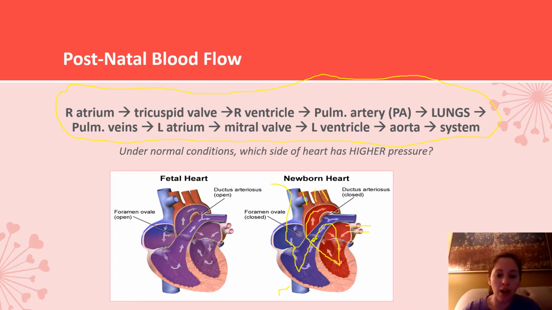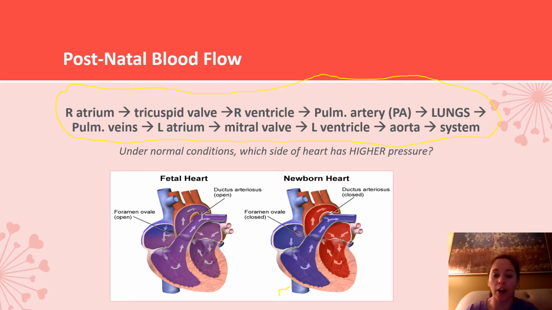Also, I want to make sure that you know a little bit about the heart. If you think about the heart, what is the biggest chamber? That is your left ventricle. Also, the left ventricle is the highest pressure chamber in the heart, and the highest pressure vessel is the aorta. This makes sense because the aorta's job is a really high pressure job.